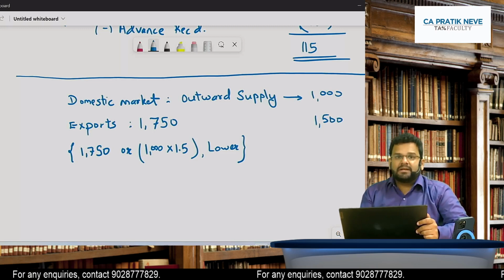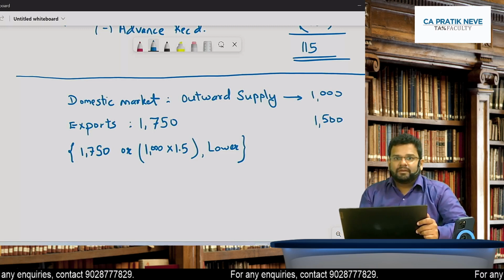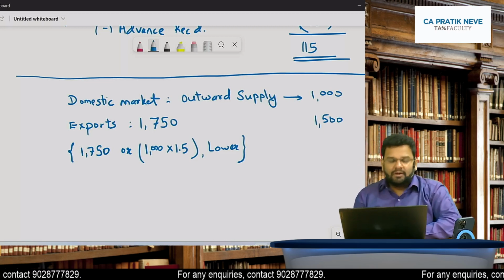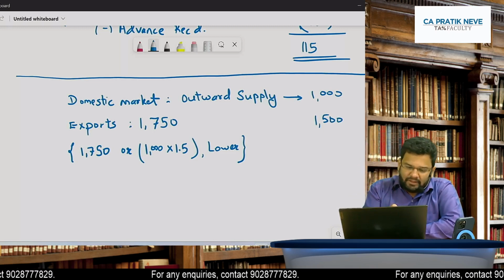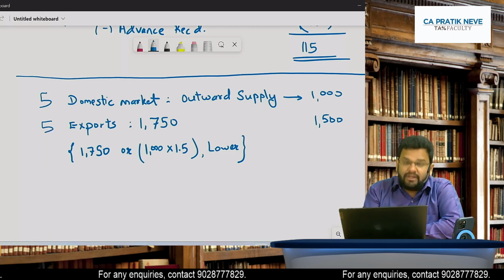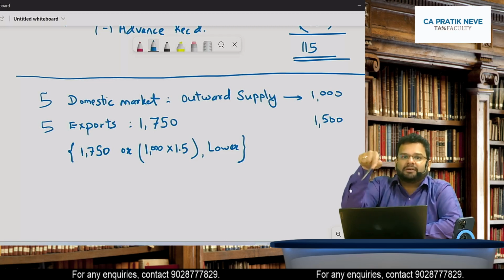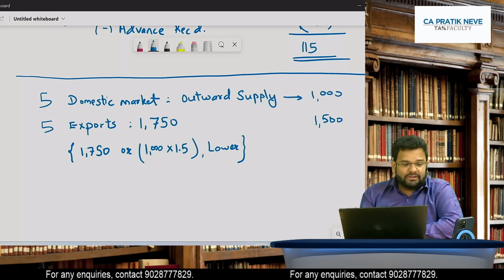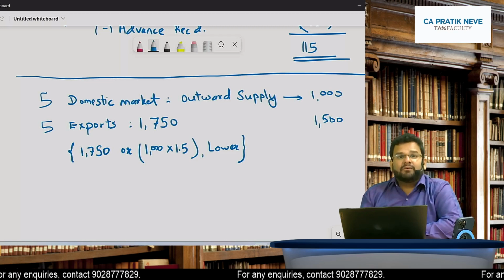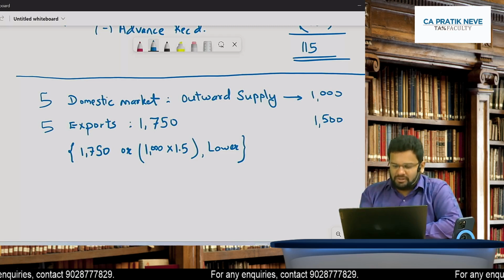Did you understand? It's not actually 1.5 times the domestic sale, but coincidentally in the domestic market we are selling 5 units, and in exports also we are selling 5 units of the same product. That's why we could do this comparison here, or otherwise they would have given you different information.